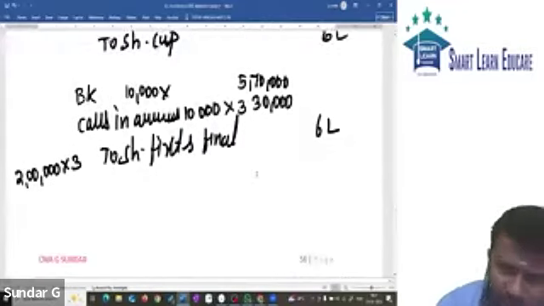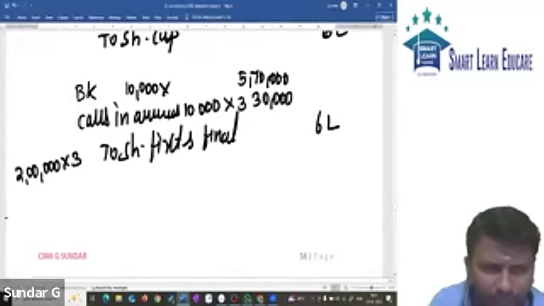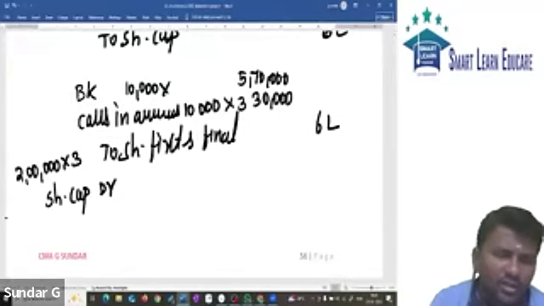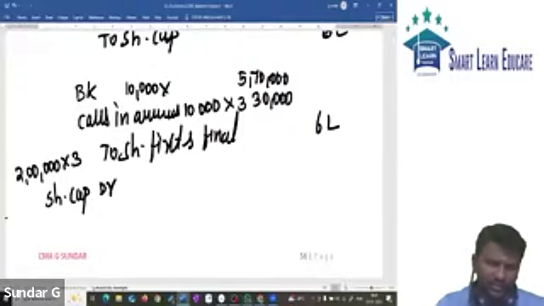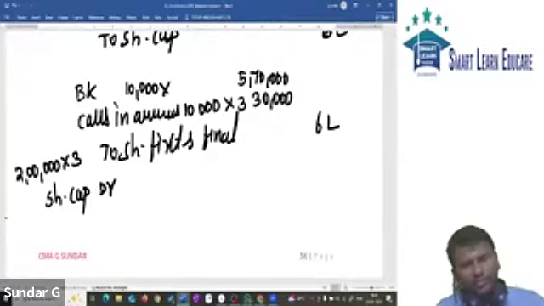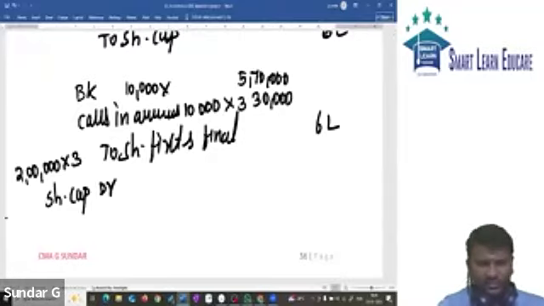So what is the entry you should pass? The forfeiture entry. Share capital account debit. Securities premium received or not received? Securities premium is included in which stage? Allotment stage.